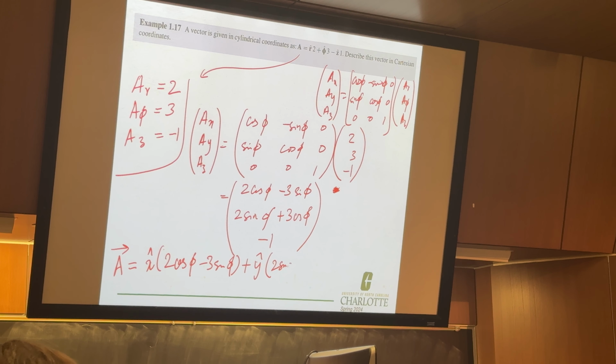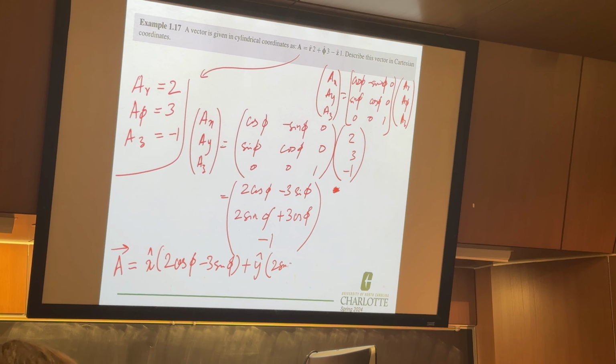However, we need the x, y and z scalar components in terms of x, y and z. So, what is the relationship between r and phi and x and y? We just had that discussion on the assigning of the axis and everything.